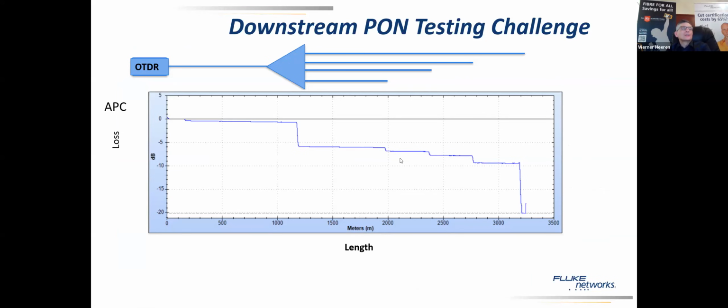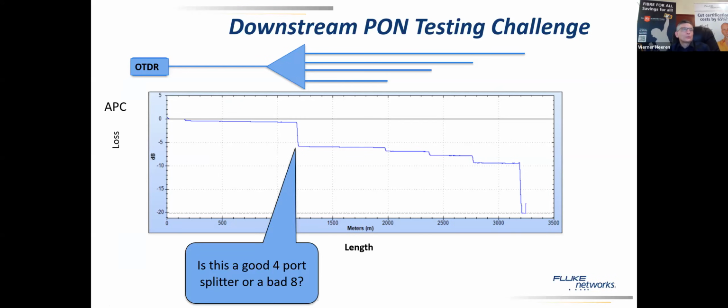Here is the challenge we have with downstream testing with an OTDR. If you put your OTDR in and start testing downstream, you send your pulse over that fiber, the splitter will split it, and there will be reflections coming back. Now the OTDR thinks there is only one fiber, so for all the reflections that come back from that one fiber, it cannot really see whether they are coming from the 4 fibers of a splitter, or whether there are connectors, for example, on that side, or what else it could be.